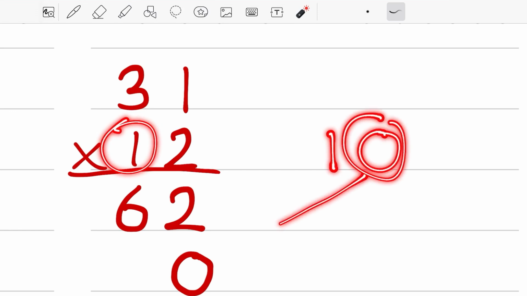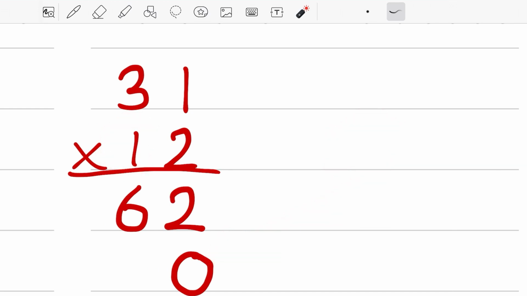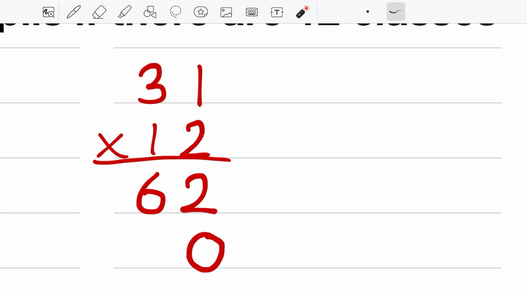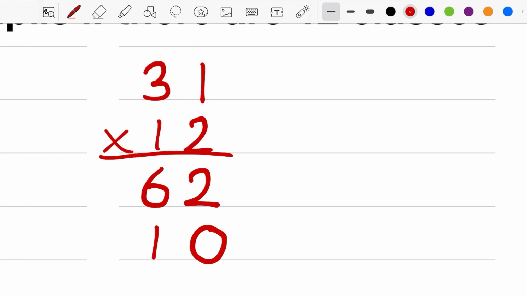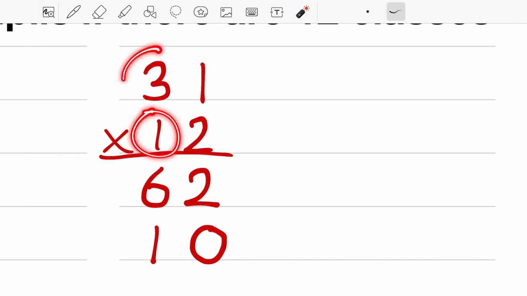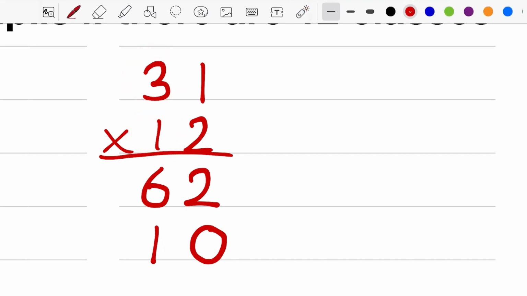So the 0 is put into this place. If it was a hundreds number, we would put 2 zeros. Okay, so let's begin. 1 times 1 is 1. And 1 times 3 is 3.